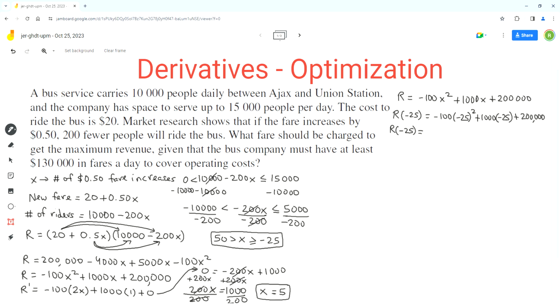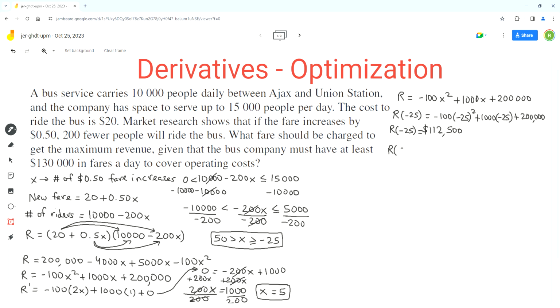So negative 100 times negative 25 squared plus 1000 times negative 25 plus 200,000. So I got $112,500. So that's the revenue when x is negative 25.